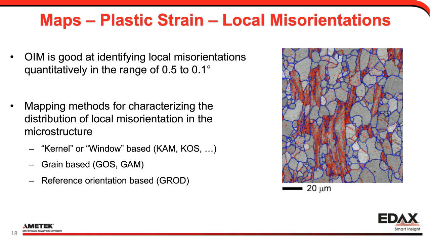The other grain-based ones are GOS and GAM; I'll introduce GOS, but once again, for the others, go to the paper that I referenced earlier. There's another one I call reference orientation based, GROD, grain reference orientation deviation. I'll explain what that is, and there are a lot of different forms of it.